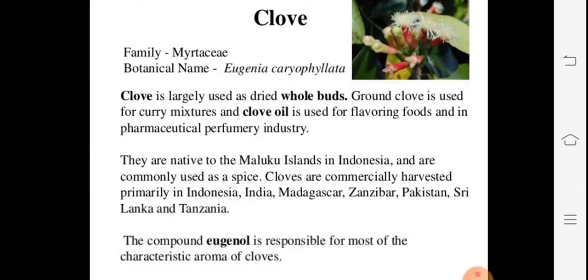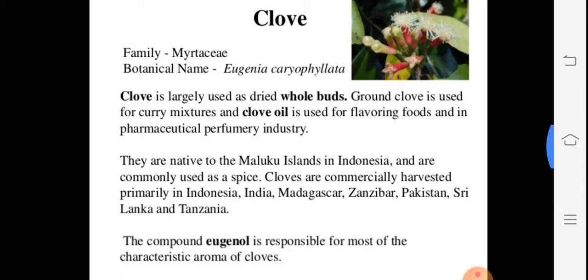In different regions of the world, such as Maluku Island in Indonesia, it is used as a spice, and in India too. It is produced primarily in Indonesia, India, Madagascar, Zanzibar, Pakistan, Sri Lanka and Tanzania.